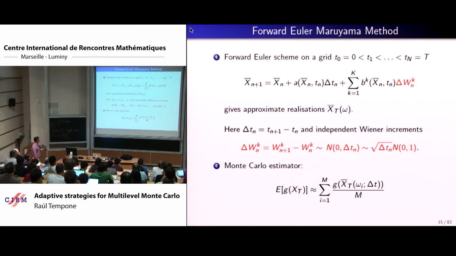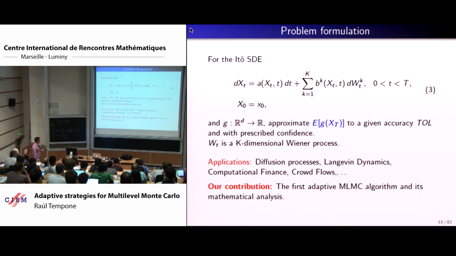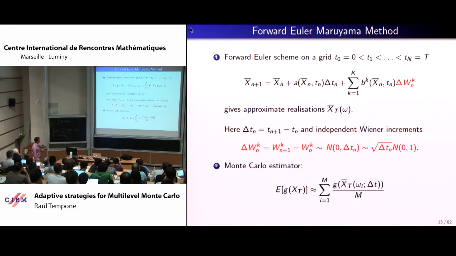This is just Euler-Maruyama, so if you have not seen SDEs before, this is a new term that comes in. If you just think of the first part, it's just forward Euler, right? Based on this function, the drift function A. And the second is just the same type of discretization. You have to evaluate B on the left point, essentially the current point, x bar, but you multiply times these random variables.